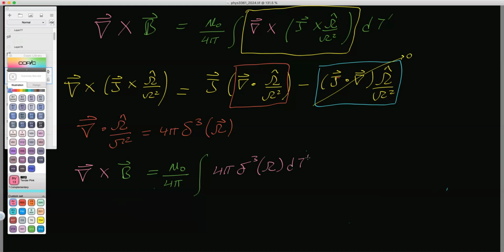And so this is just going to be mu 0 over 4 pi. Oh, where's my J? I think I had a J somewhere. Yep, my bad, there's a J right here. I left him out. J. Okay. And so with mu 0 over 4 pi times 4 pi and J, love your delta functions. And so we get, again, mu 0 J, which is what the expected answer was.